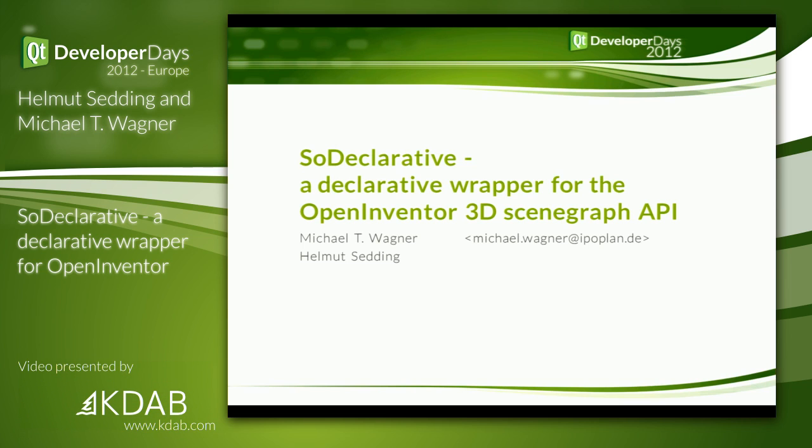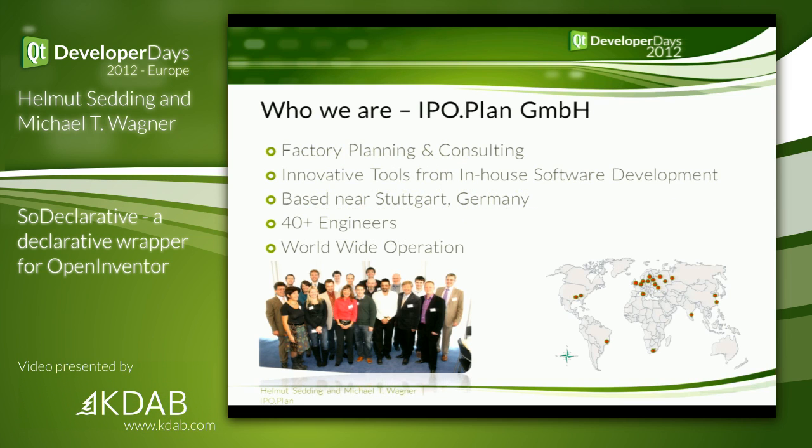Welcome to our presentation. Let me introduce our company a little. We're a factory planning and consulting company. If a big car manufacturer wants to plan a new car factory, we help them plan the production line setup and layout and all that kind of stuff.